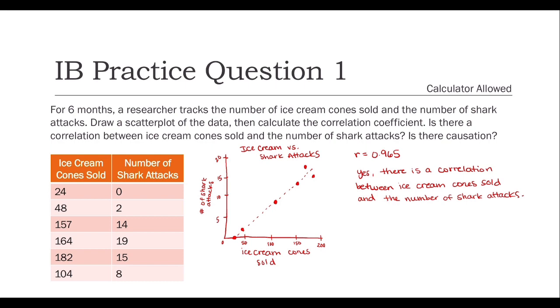Then it asks, is there causation? So just because we found a relationship doesn't mean that one causes the other. Likely, ice cream cones sold does not cause shark attacks. So I would say no, there is not a causation.